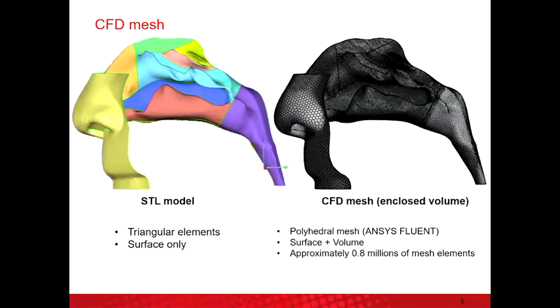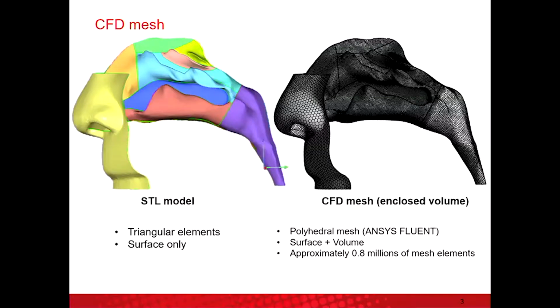As shown in this graph, on the left-hand side is the STL model, which is generated from the CT scanning data. And on the right-hand side is the polyhedral mesh of the CFD mesh. As shown on the graph, these models have some differences.